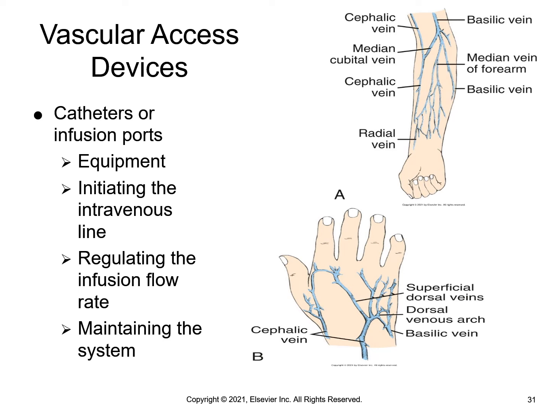Because fluids infuse directly into the bloodstream, only sterile technique may be used. Intravenous devices are called a peripheral IV when the catheter tip lies in a vein within an extremity. They are called a central venous catheter when the catheter tip lies in the central circulatory system, which would be the vena cava close to the right atrium of the heart.